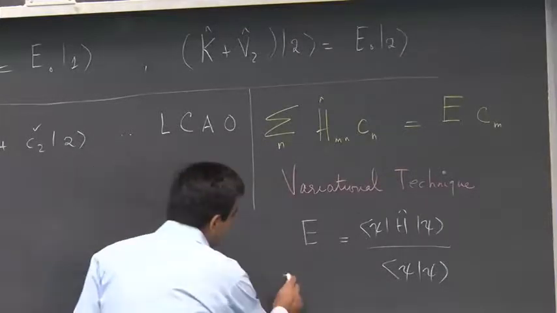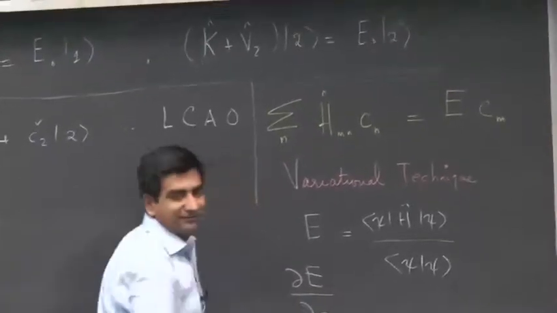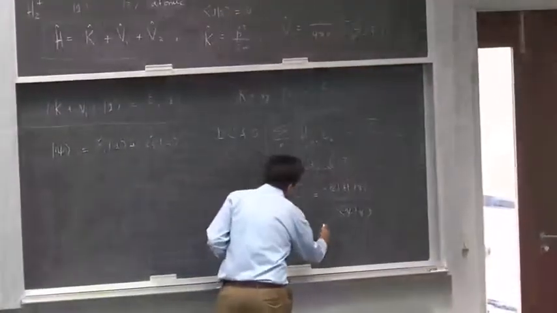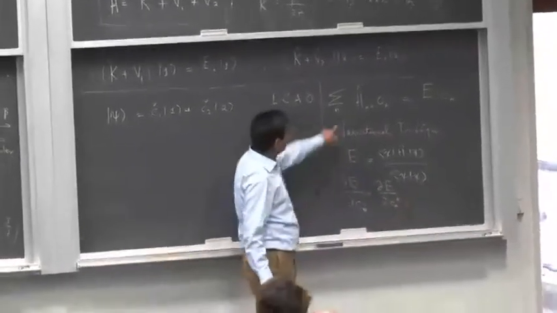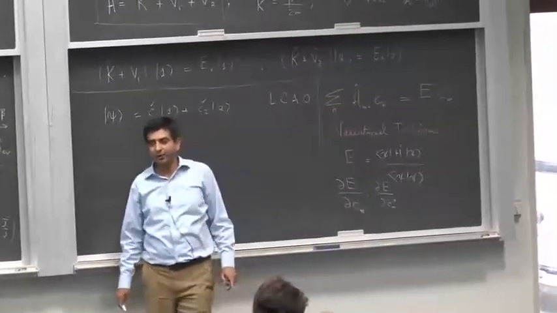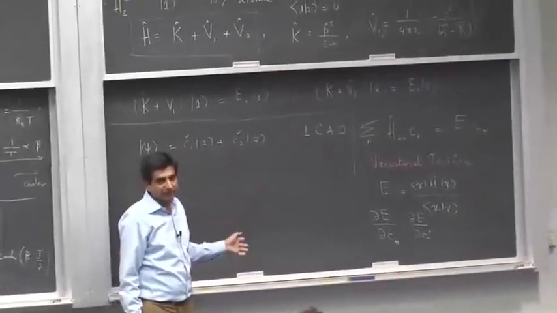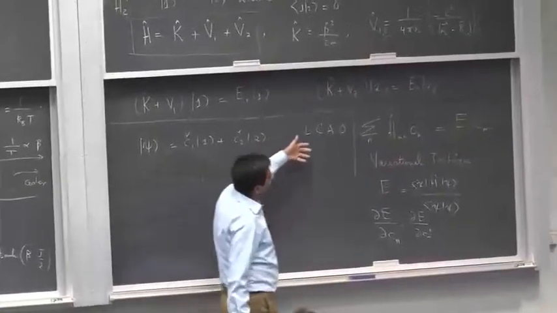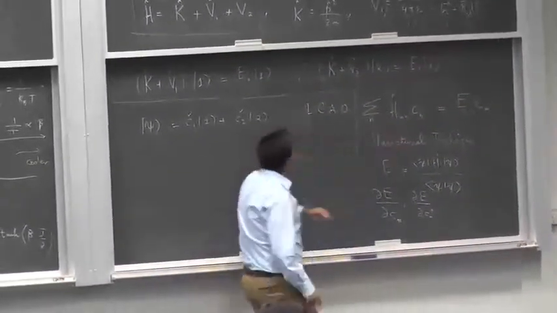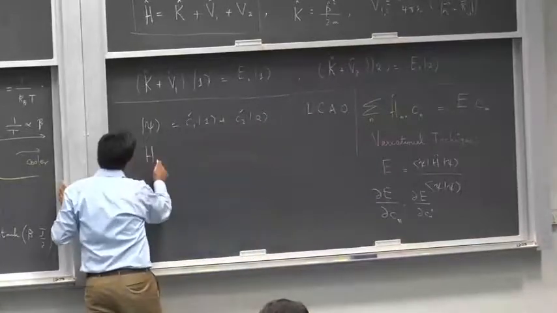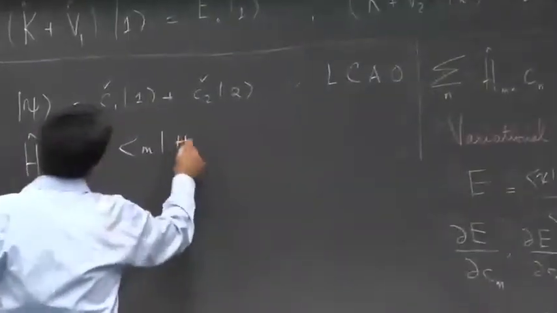You minimize this energy with respect to Cm and with respect to the complex conjugate of the coefficient Cm, and you get this result. This is probably a homework question that I will give to you. Now this is my Schrodinger equation, the time independent form, and these terms inside the Hamiltonian, H_mn, are simply this inner product here.